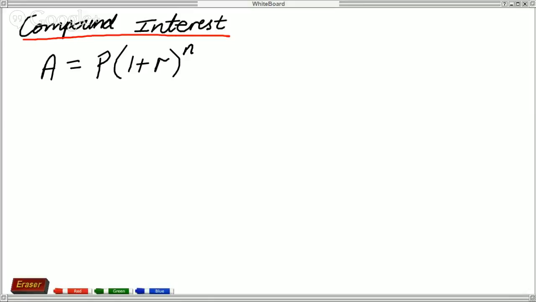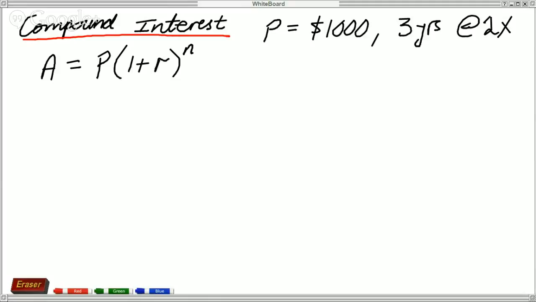Let's say we need to calculate the compound interest if we invested $1,000 for, say, 3 years, at 2% per annum.